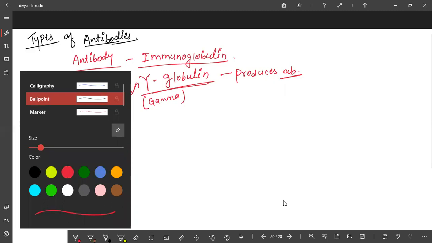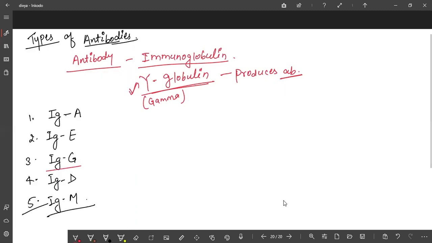Only one antibody can cross the placenta. This question is asked in NEET also. IgG can cross the placenta. In reproduction you have studied about the placenta. From the mother, one antibody comes to the fetus. Which antibody will come to the fetus through the placenta?